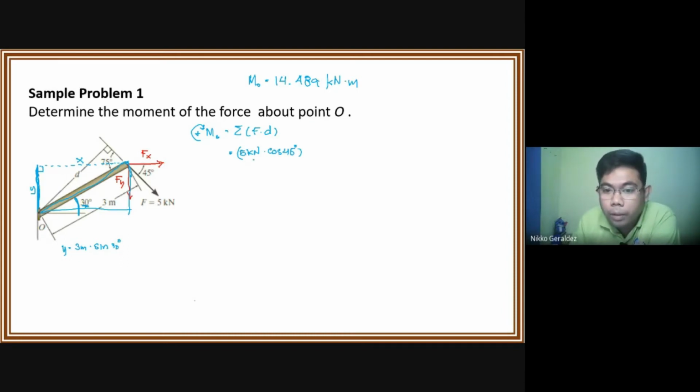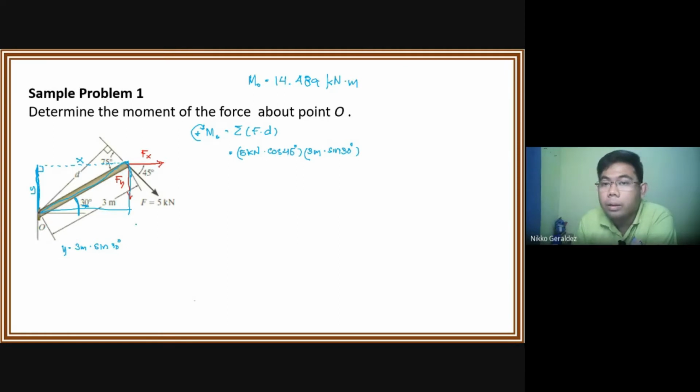So, 5 kilonewton times cosine 45 times 3 meters times sine 30 degrees. So, yun na yung moment ng x component. So, next, y component. Ano yung moment na mapuproduce ng y component? Anong direction?